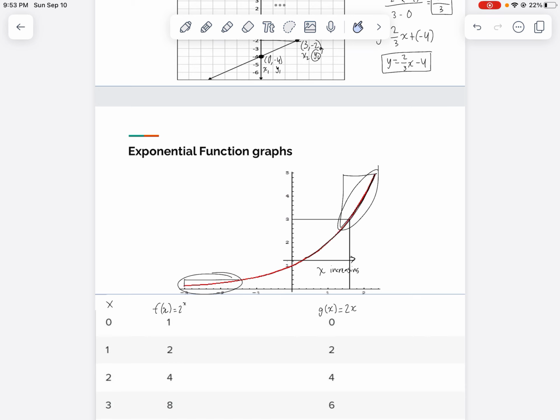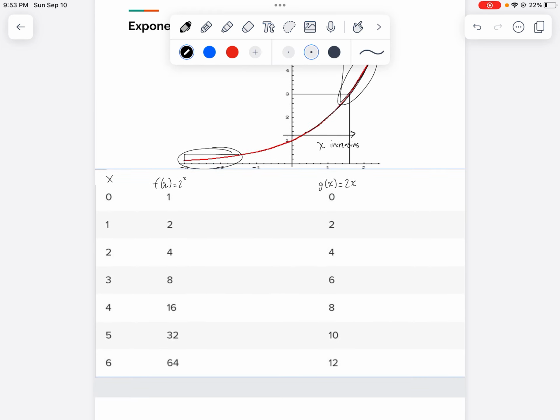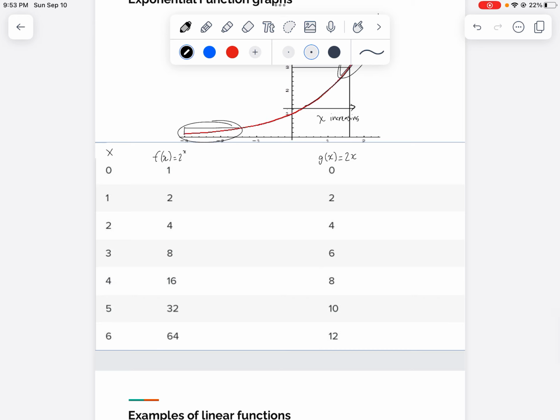The key concept for exponential functions is that as x increases, y will increase more rapidly, even in a smaller interval. That's the key concept. All right, so here are some input values for x in the left column.